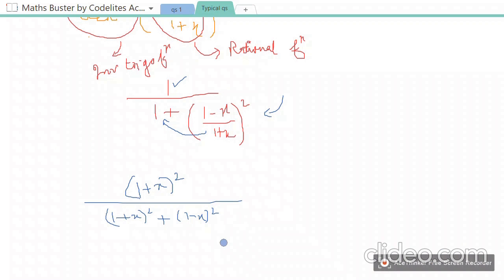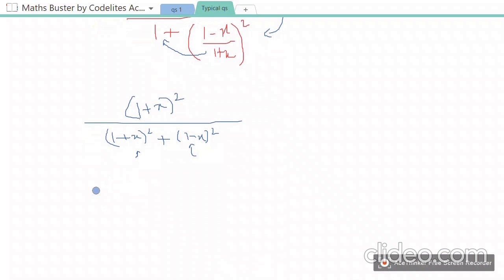Now if you apply a plus b whole square and a minus b whole square, it might simplify. Let us see, 1 plus x the whole square. If I open it, the middle terms 2ab and minus 2ab will get cancelled. Left terms will be a square, b square, again a square, b square.